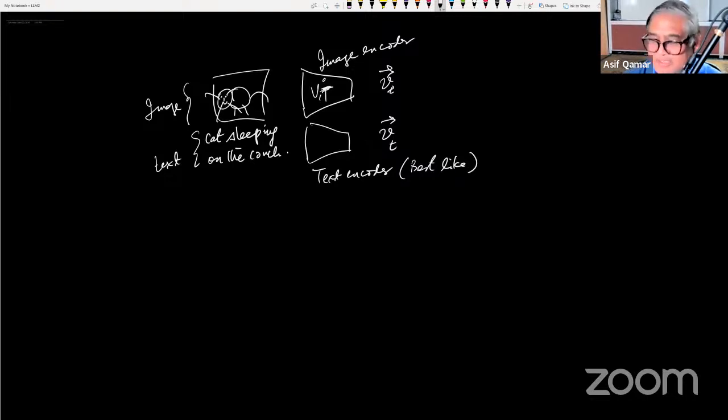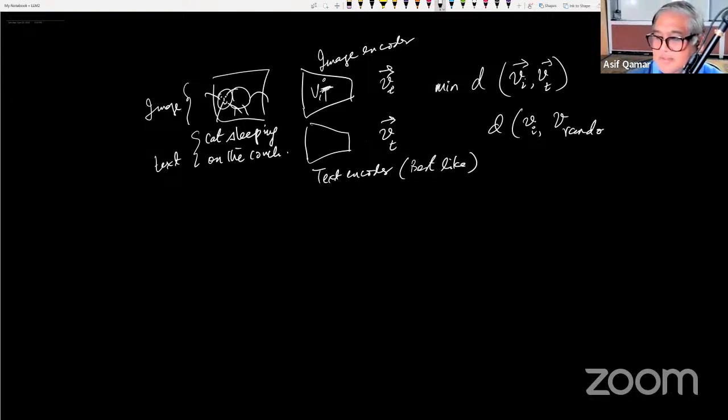Now, contrastive learning. You try to create a space in which V_I and V_T, in simple logical terms, the distance is minimized, but the distance between V_I and a random text is maximized.